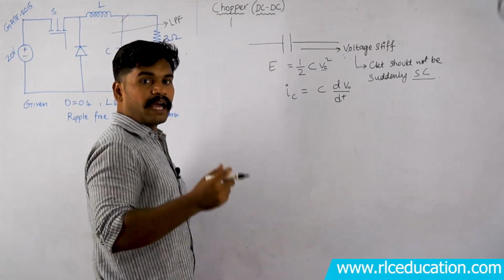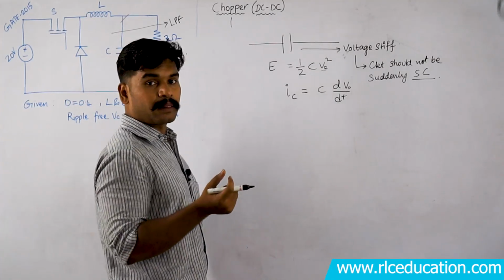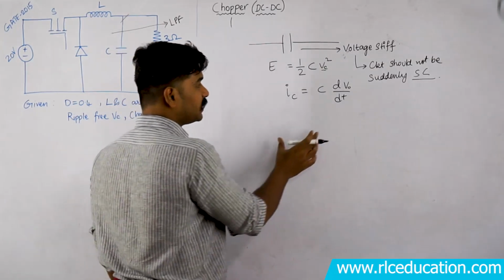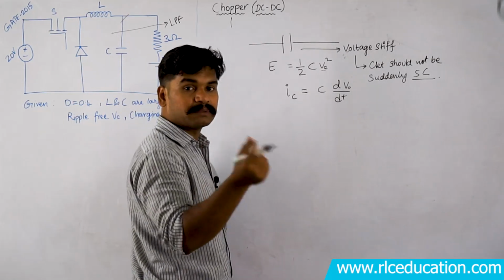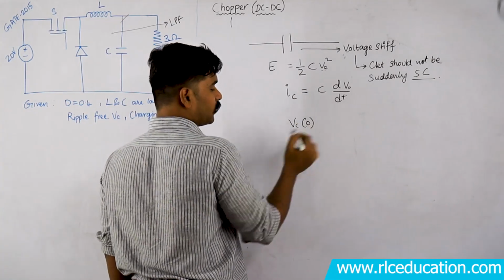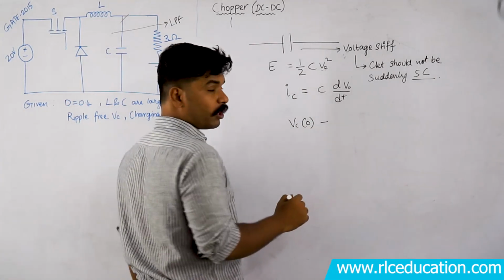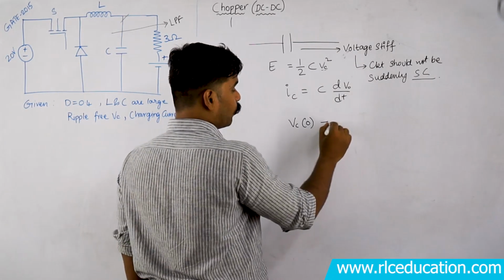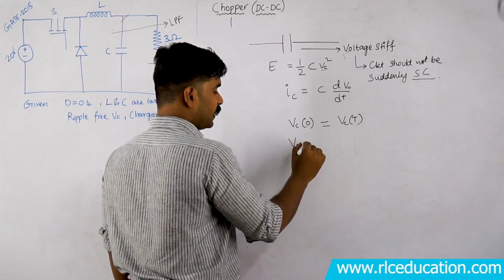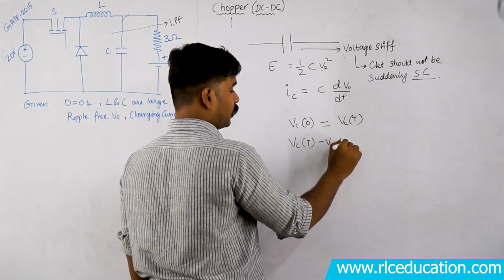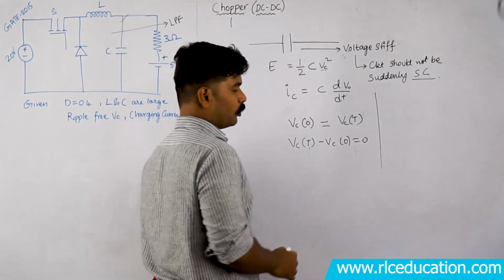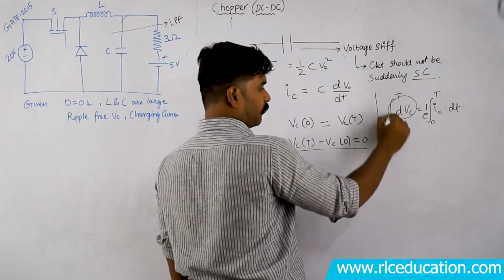Similarly, as we have done for the inductor, for the capacitor to remain in steady state, what is the quantity responsible for energy storage in the capacitor? The voltage at the beginning of the charging should be equal to the voltage at the end of the charging period, or I can say Vc(t) minus Vc(0) should be equal to 0. That means this term will be reduced to 0.